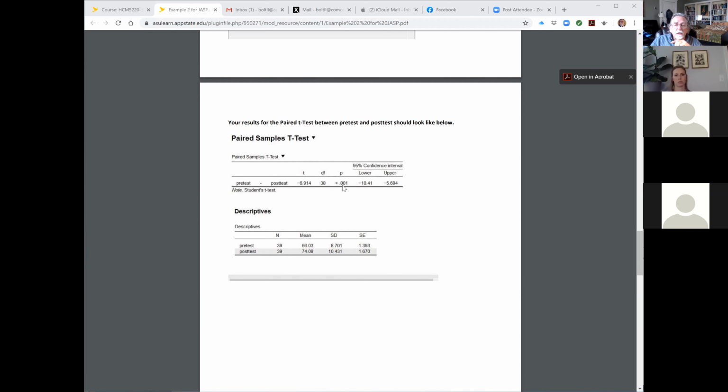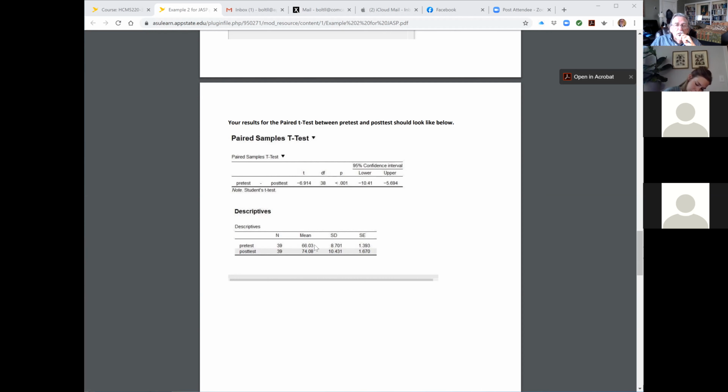So that means they are significant. The pre-test was significantly lower than the post-test by about 8 points.